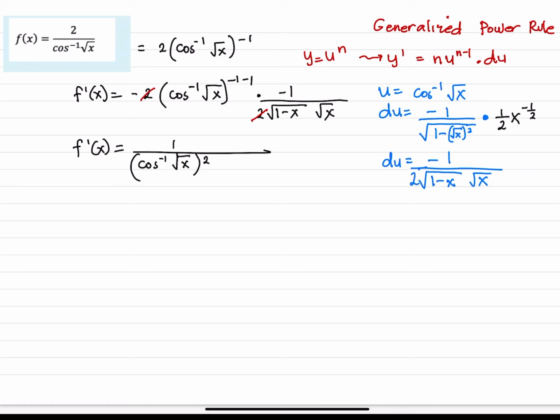We have already du here, so we can just copy. This is positive 1 now because that's after multiplying the negative here with the negative here. So positive 1, and we just copy the other factors, which are the square root of 1 minus x and the square root of x.